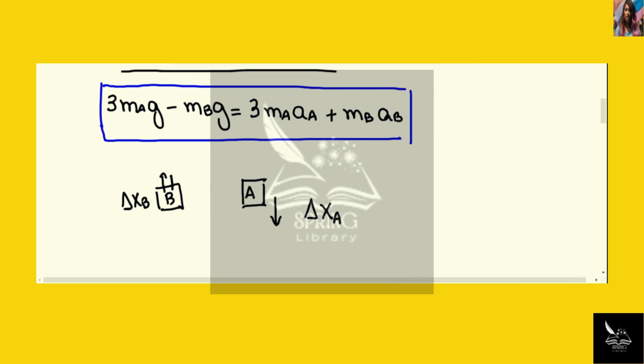But notice that there are 3 parts of the same string attached to block B, meaning that when block A drops a distance delta XA, this is equal to 3 times the distance delta XB by which block B is raised. So this means that the acceleration of block A must be equal to 3 times the acceleration of block B.